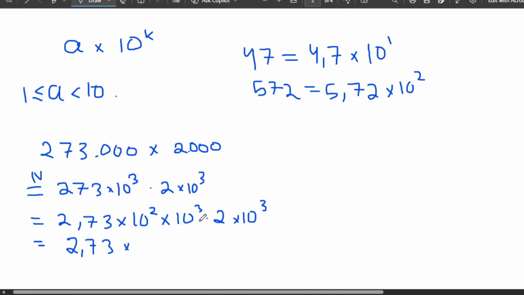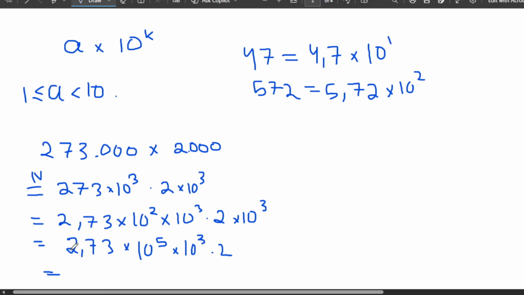Remember, if we multiply with the same base, different exponent, that means we add the exponents. So we have 10 to the power of 5 times 10 to the power of 3 times 2. Let's collect them: 2 times 2.73, and then 10 to the power of 5 times 10 to the power of 3.